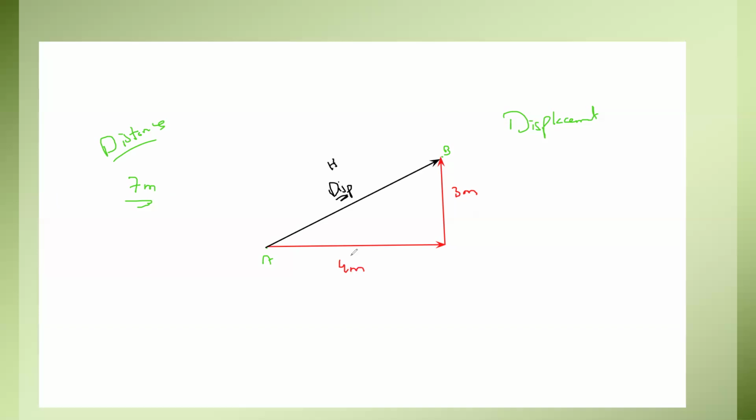If this is the base and this is the perpendicular, and we want to work out the displacement for an object which first moves in one direction and then perpendicular to the initial direction, we use the Pythagoras theorem. In this case, it will be the square root of 4 squared plus 3 squared. That will give us the displacement.